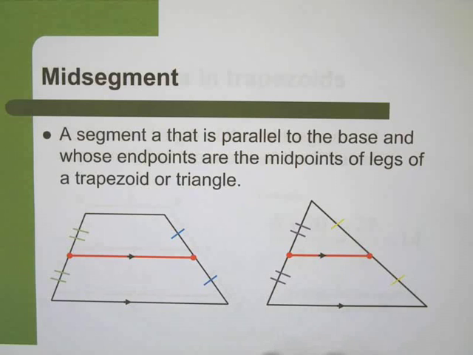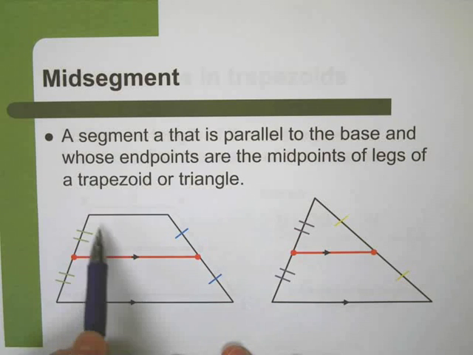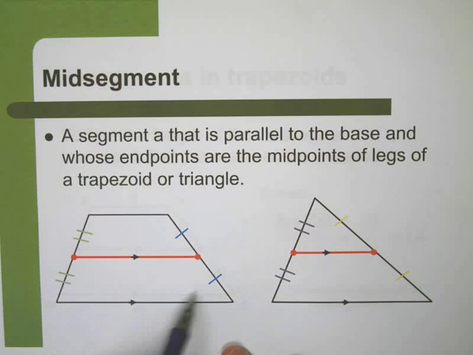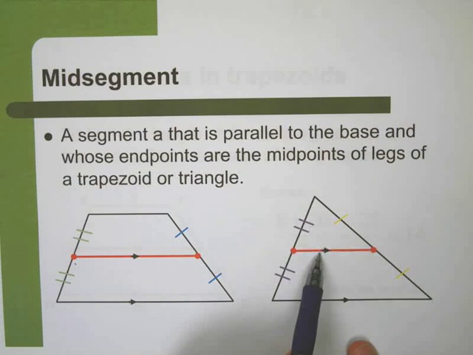Okay, so first things first. What does it mean to be a mid-segment? Well, a mid-segment is this red line here, and within a trapezoid or within a triangle, it's a line segment that's parallel to the bases of the trapezoid, so here's my pair of parallel lines, and it'd be the red line here, or within a triangle, maybe it's just parallel to the base.